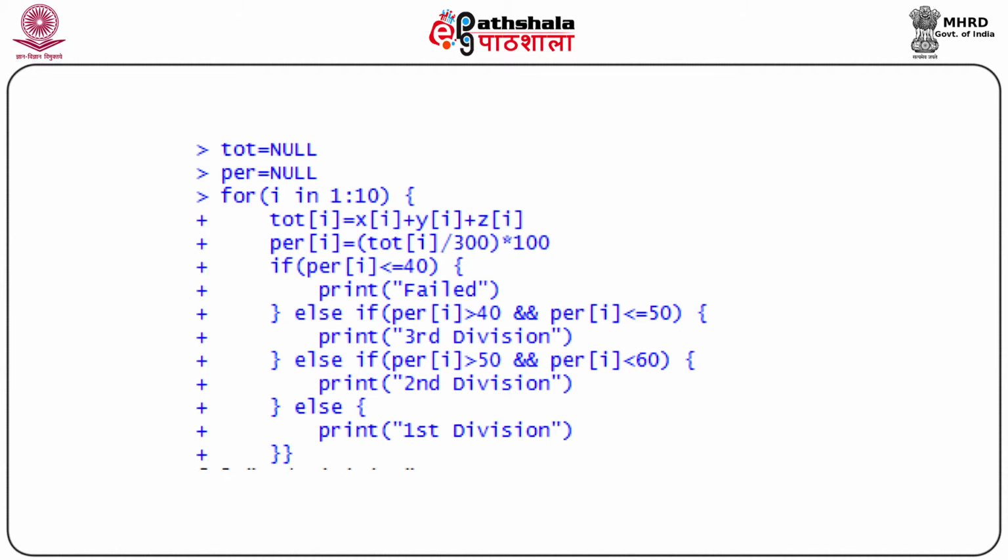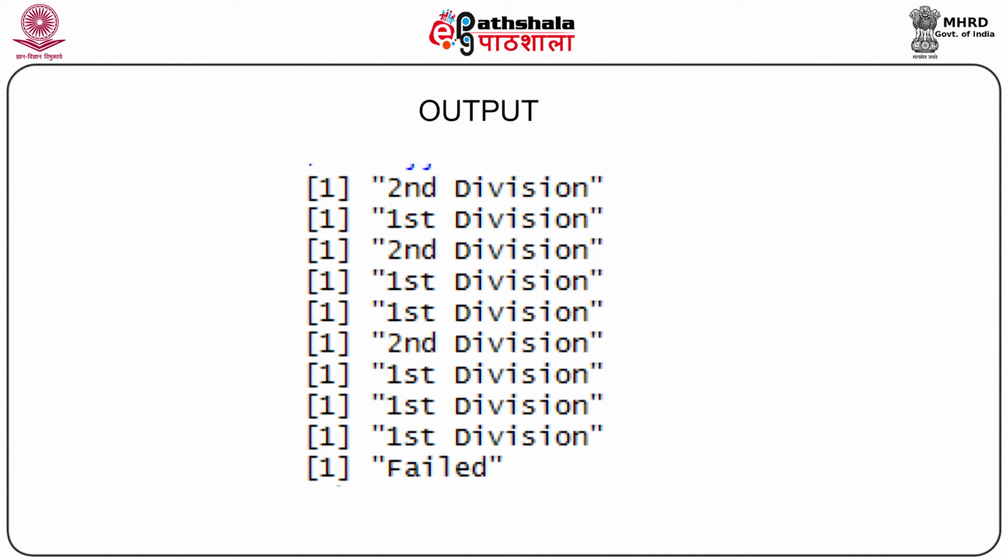Else, if the percentage is more than 50 but less than 60, then we will print second division, and else first division will be printed. So here is the output for each of the students, and the set of 10 outputs is shown here.